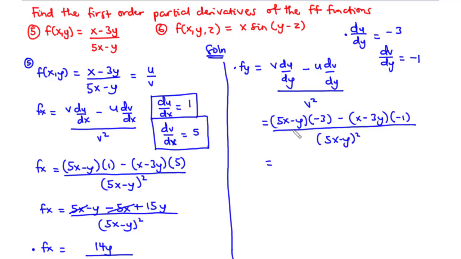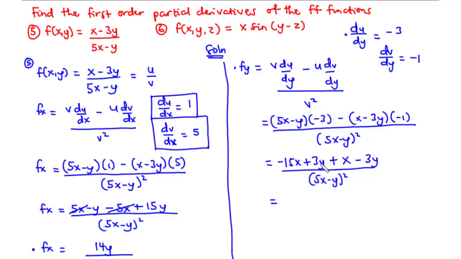Now this is equal to -15x and then plus 3y. This is negative, that becomes positive x. This is negative, positive times negative, so -3y, all divided by 5x minus y all square.